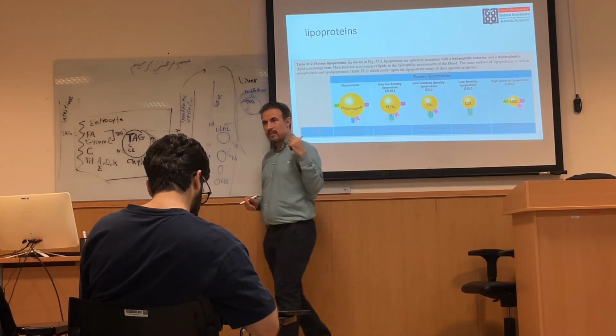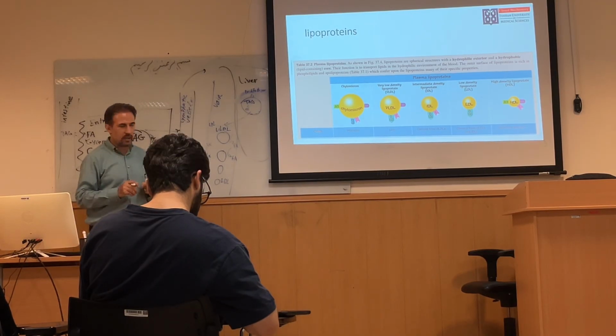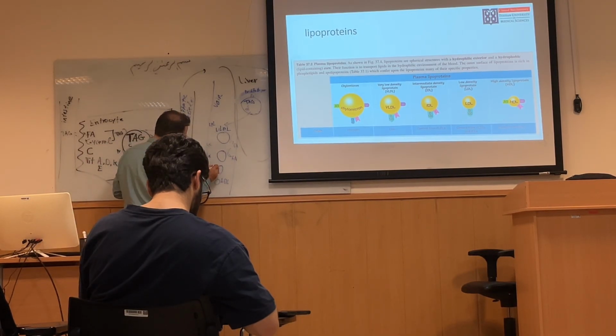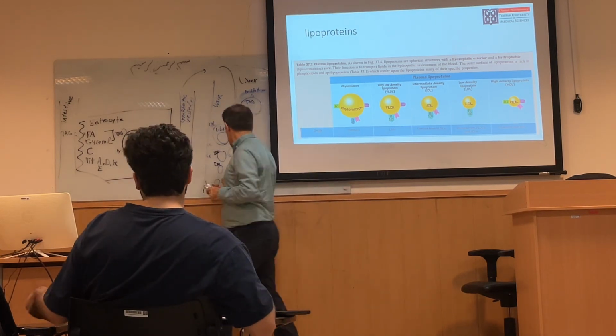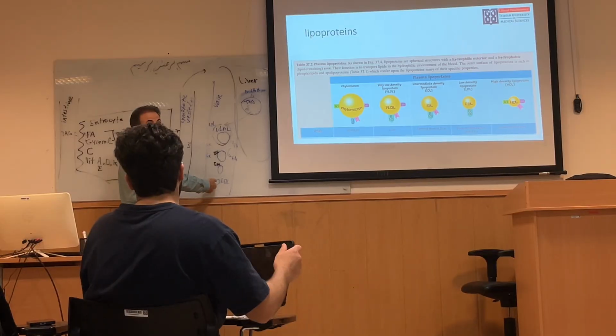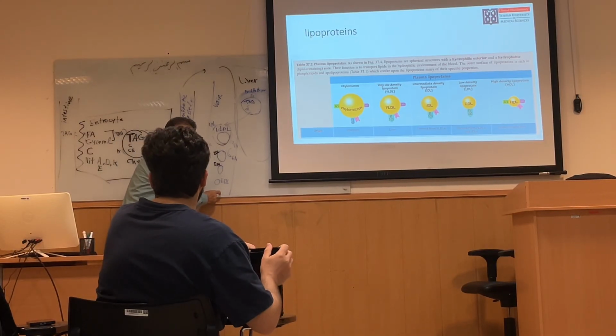We are going to see the whole name by color. So for this one, we can call them IDL, or intermediate. But this one is LDL, and this one is full of cholesterol. It has a lot of cholesterol, LDL.